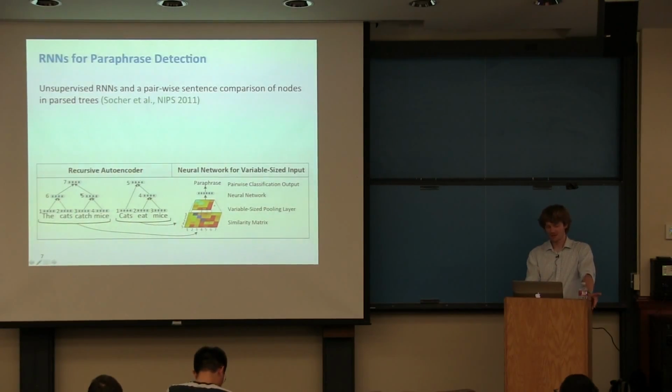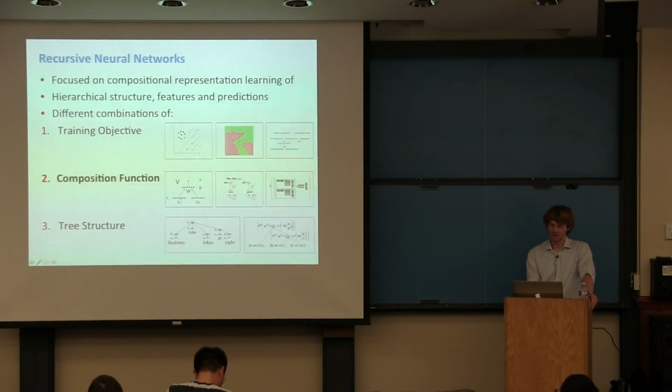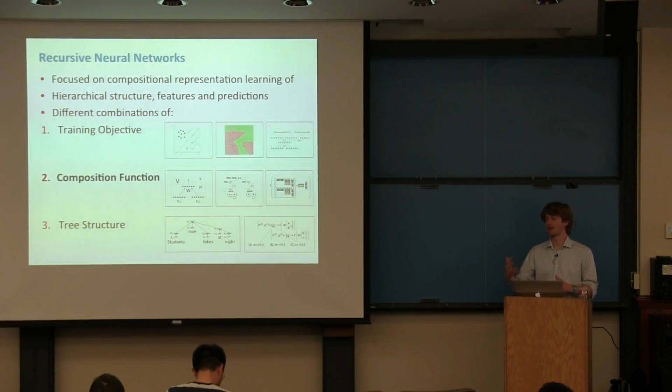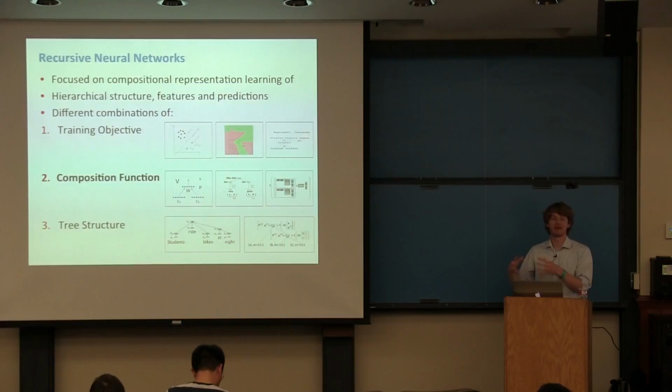Today we will cover different kinds of composition functions, and we'll assume for all these models today that the tree structure is fixed and came from the model that we discussed in the last lecture. So we just assume for any given sentence, we're given the sentence with the words as well as the tree structure. We basically assume syntactic information is fixed and set. Now we're trying to understand the semantics of the sentence better. That way the model can really focus on the semantic tasks that we care about, assuming the syntax is fixed. Great question.